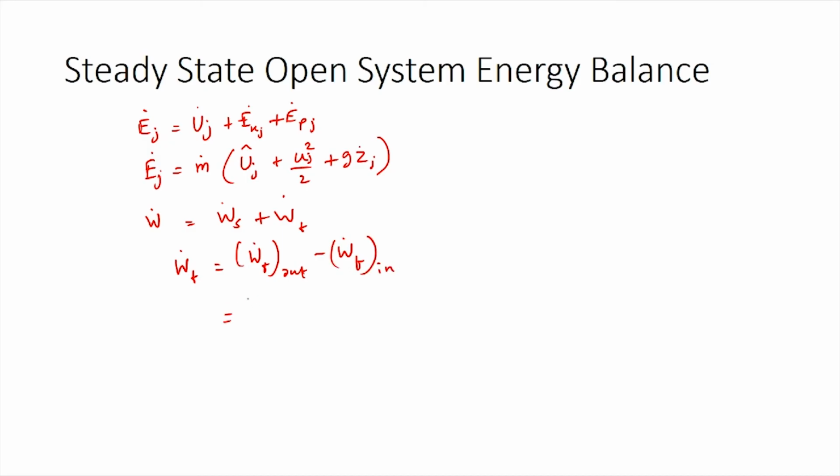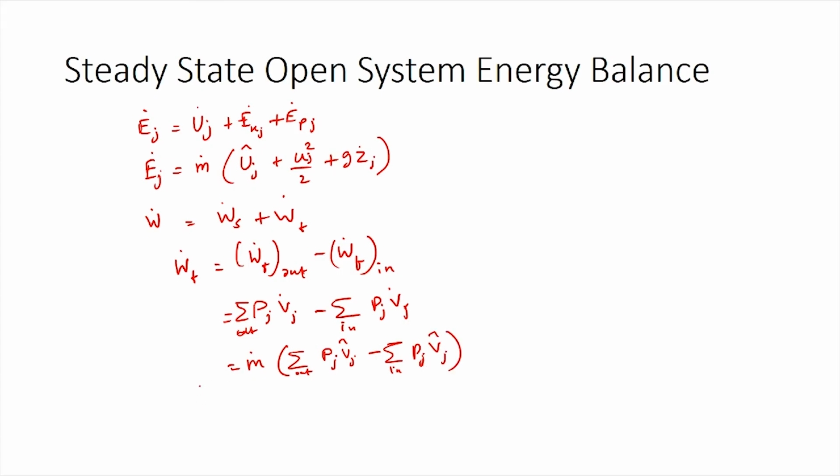This can be written as sigma output of P j V j dot minus sigma input of P j V j dot. Converted to specific volume, we have m dot times sigma out of P j V j cap minus sigma in of P j V j cap. So, this is your flow work.